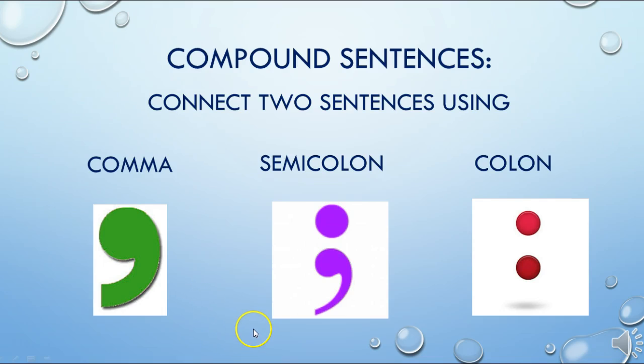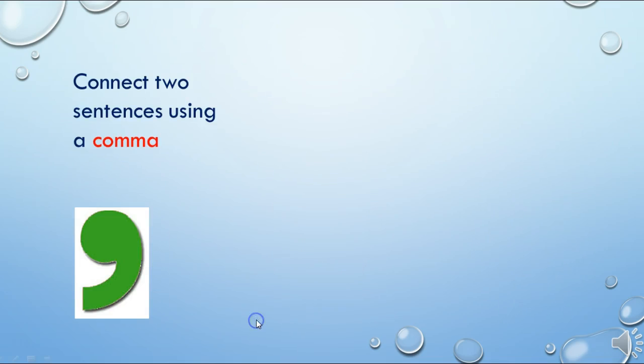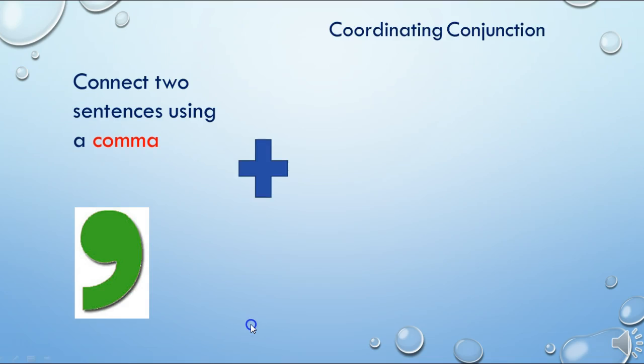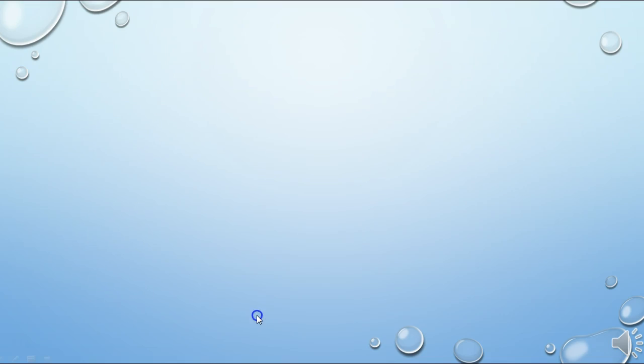Let's take a look at how we can combine sentences. You can connect two independent sentences using a comma and a coordinating conjunction. Some of you may know these. These are the fanboys: for, and, nor, but, or, yet, or so.